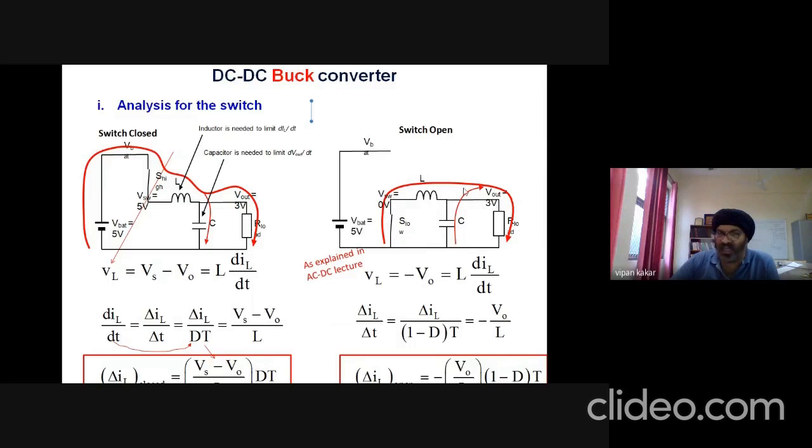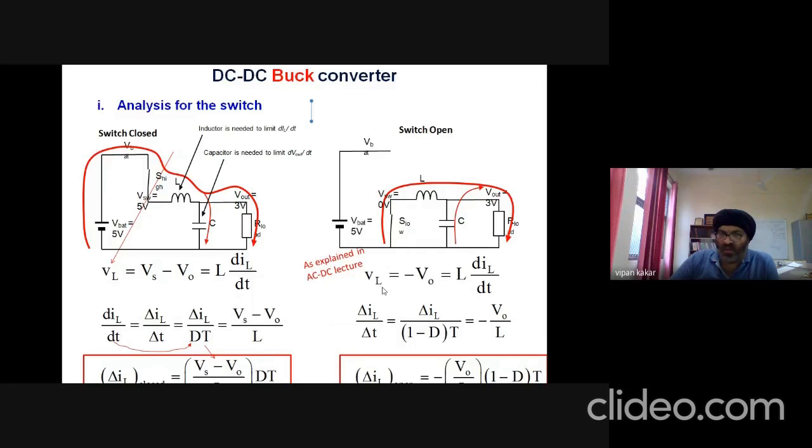So it will start releasing the stored energy from the first case. The total energy stored is now released through this diode, and this current continues to flow through this load in the same direction.